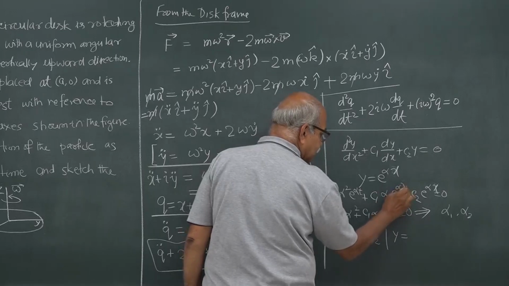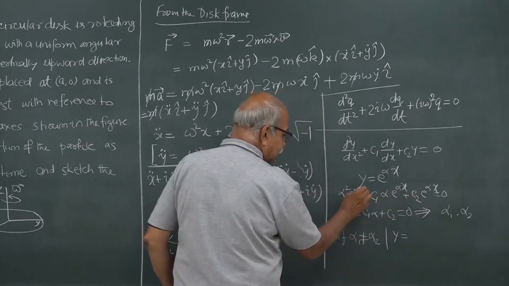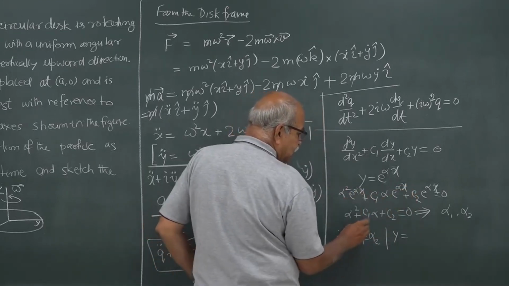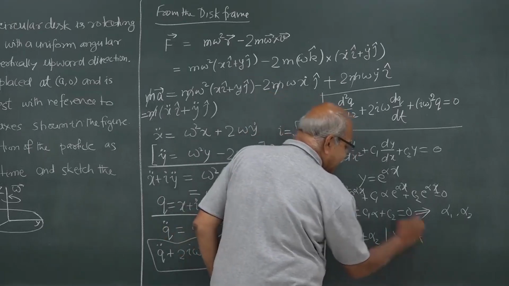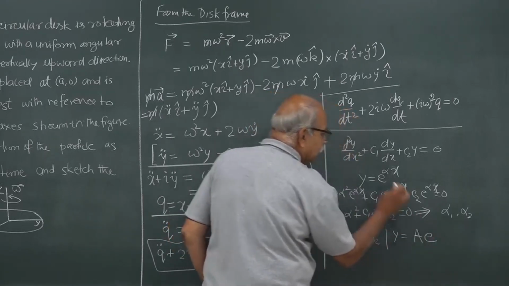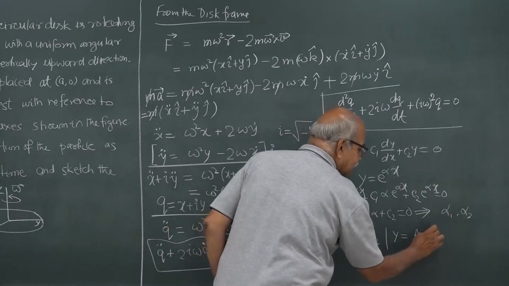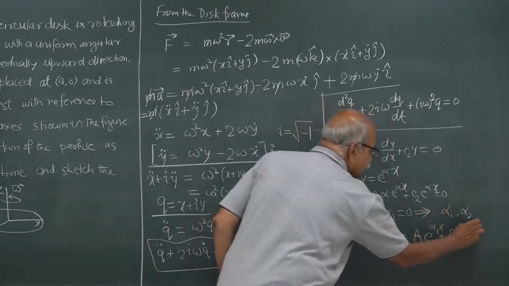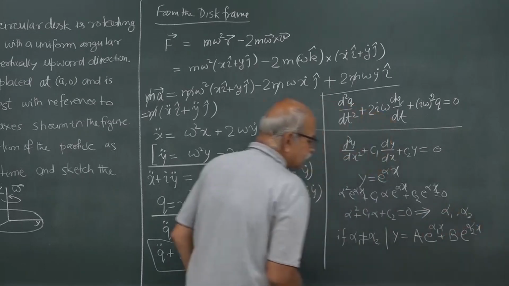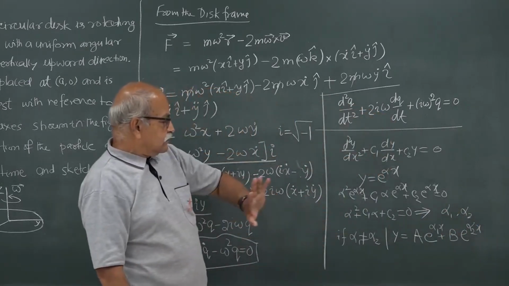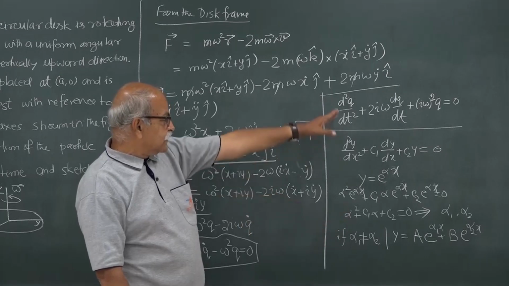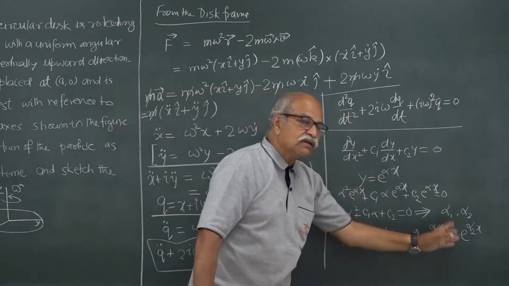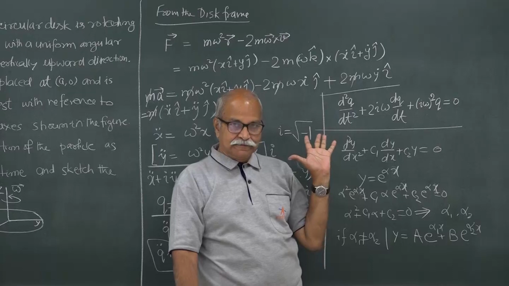So your solutions are y is some arbitrary constant times e to the power alpha 1 x, plus another constant times e to the power alpha 2 x. This is the final general solution. You have a second order equation, you have two arbitrary constants, done.